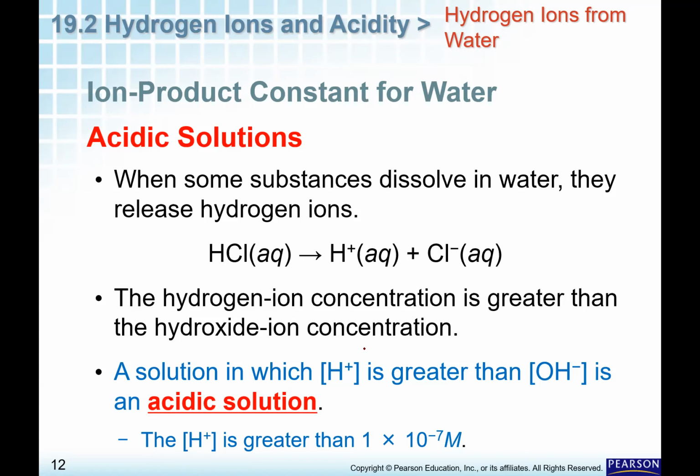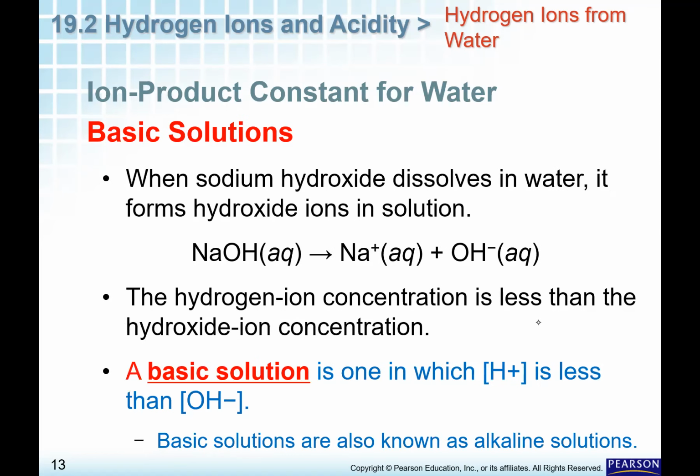If we add some hydroxide ion to the solution, that will increase the concentration of hydroxide ion to more than 1 times 10 to the minus 7, and that will make the solution basic. If we don't add anything and we have pure water, then both of them are equal to each other, 10 to the minus 7, and that is called a neutral solution.